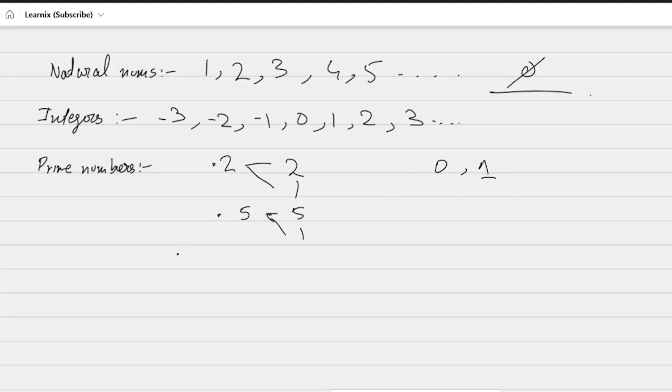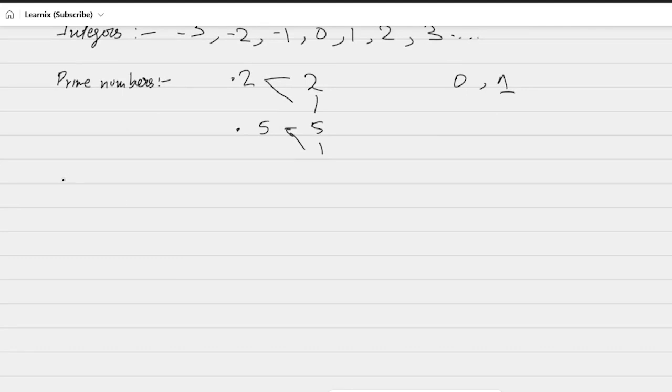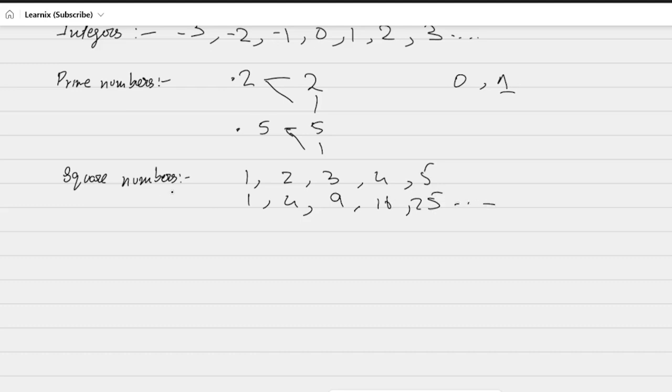Moving on, we have square numbers. So think of natural numbers 1, 2, 3, 4, 5, but you take the square of each number. So that would be 1, 4, 9, 16, 25, and on and on and on. That's basically the square of natural numbers.